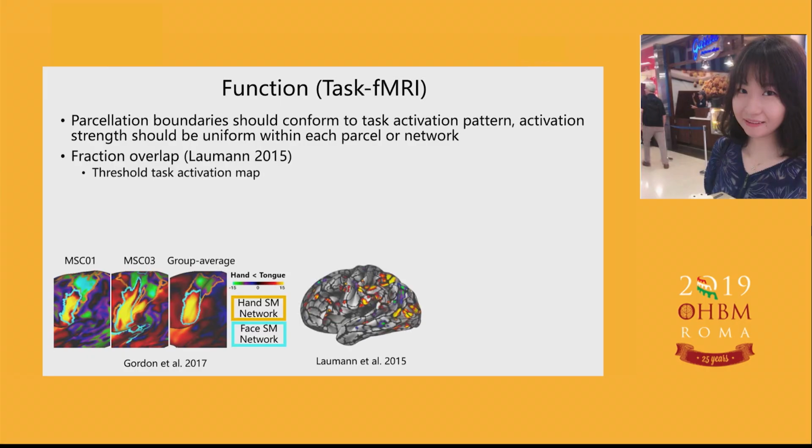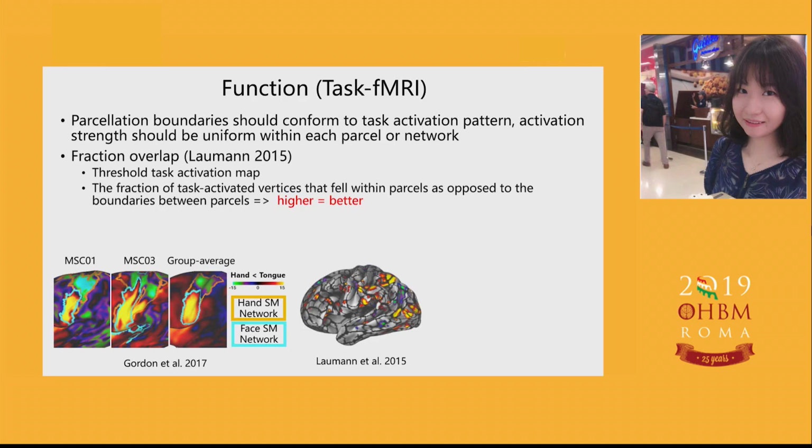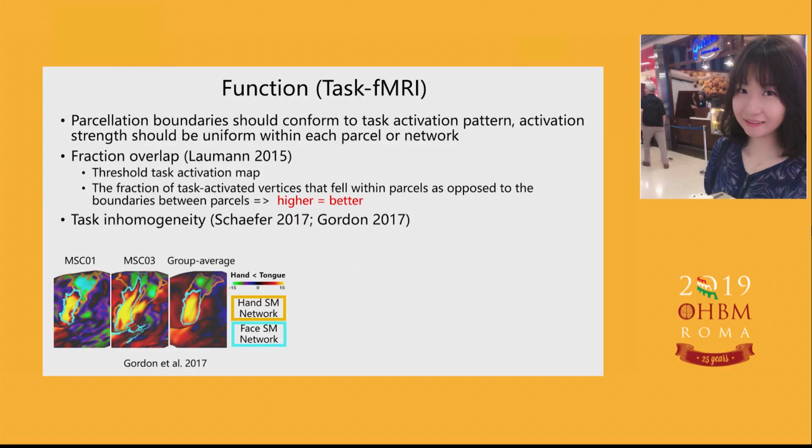To compute the fraction overlap, we first threshold the task activation map at a threshold level, and then we compute the fraction of the task activated vertices that fall within the parcels as opposed to the boundaries between parcels. So the higher value indicates better parcellation quality. However, this metric is very sensitive to the threshold level. Therefore, normally users have to compute the fraction overlap with different thresholds.